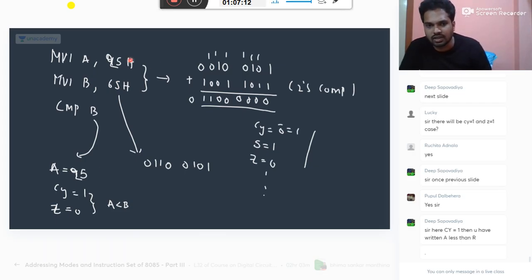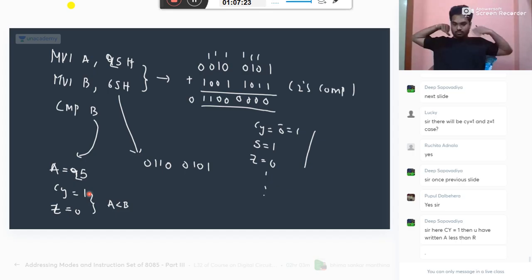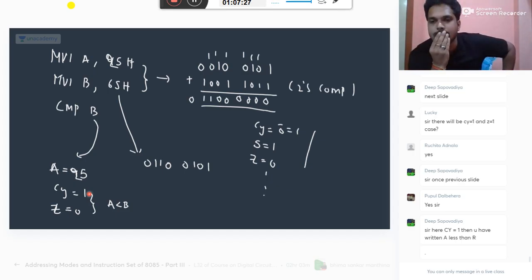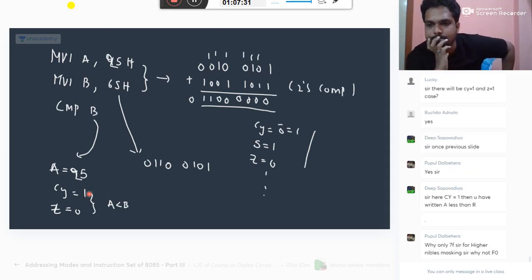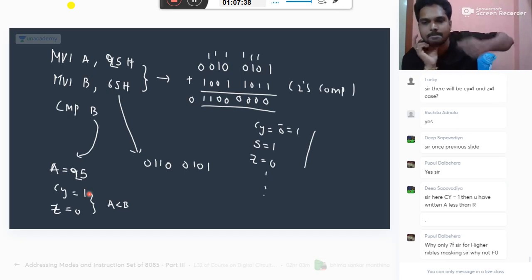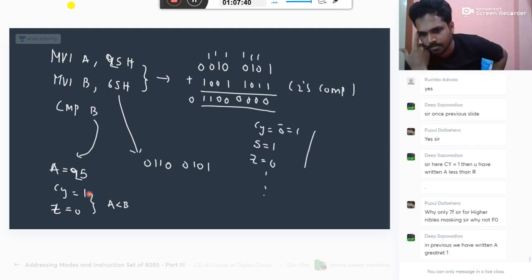After subtraction, as in every arithmetic operation. I hope you understand. A less than R carries 1. It is the less than symbol. A is less than R, that's why carry is 1. Where is the doubt?